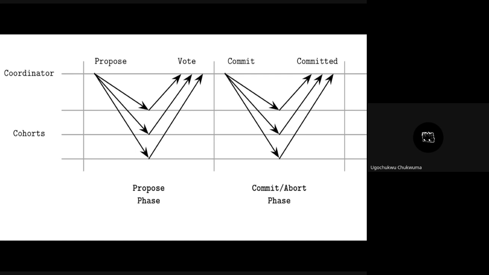But it's still widely used because the other one, which we should talk about, 3PC, has a higher message overhead. There are a lot more messages sent by 3PC. So it's better to optimize 2PC, which they do in those ways. Yes, Ugochukwu, were you referring to Spanner?